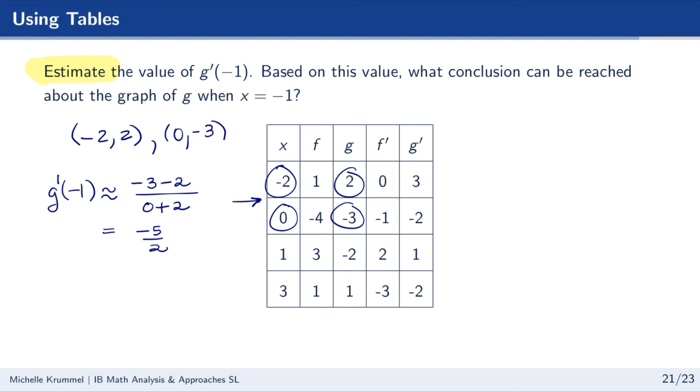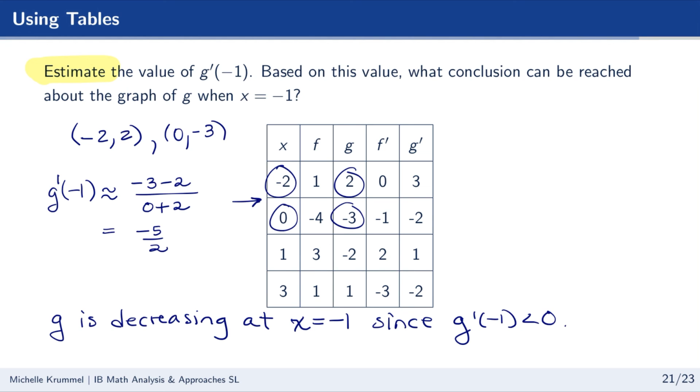And then what conclusion can we reach about the graph of g when x equals negative 1? Well, since the derivative at x equals negative 1 is negative, according to our estimate, we can assume that the function g is decreasing at that point. So g is decreasing at x equals negative 1 since g prime of negative 1 is less than 0.